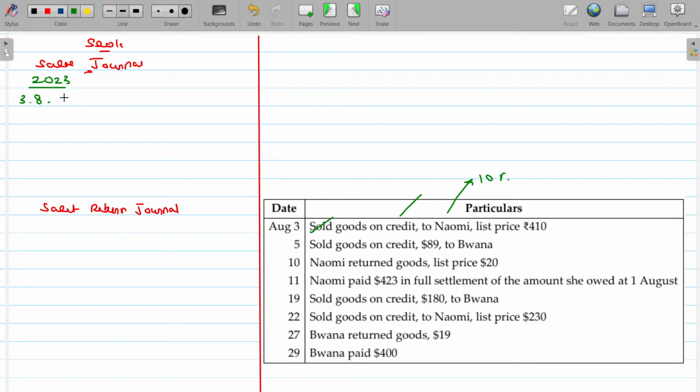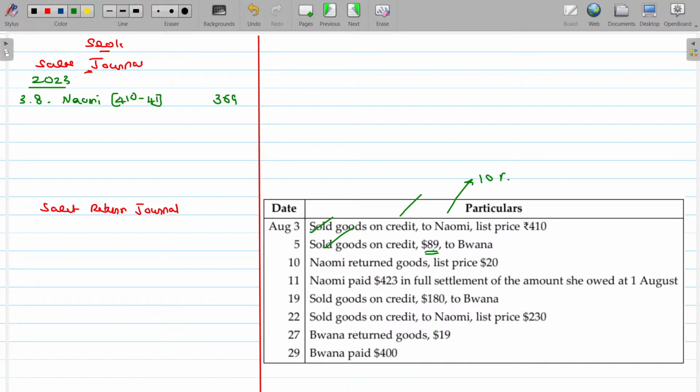Naomi. Value being 410, trade discount 41 will be subtracted, the ultimate value being 369.